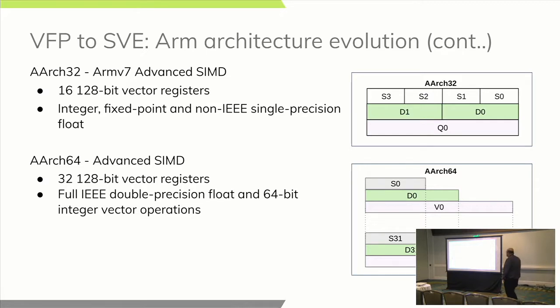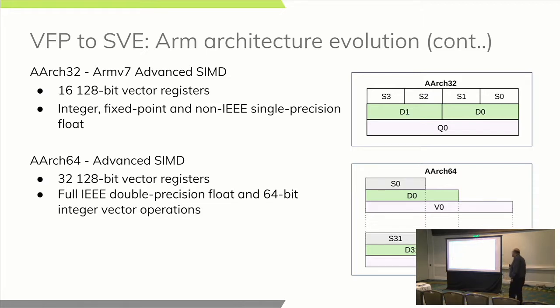But with AArch64 we got a promotion, and we got 32 128-bit vector registers, and the register mapping was different from what it traditionally had been before, like in ARM v7 and AArch32. Now each of these pseudo registers, which is the S register or D register in this case, maps onto the corresponding least significant bits of the corresponding V register.